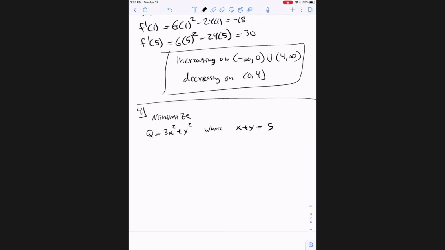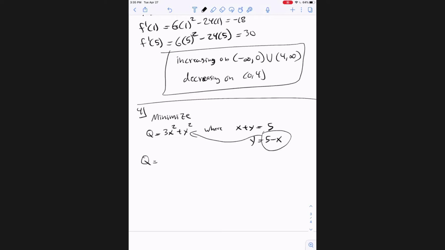All right, minimize 3x squared plus y squared, where x plus y equals 5. This is from the optimization section, but this is the easier question because you don't have a word problem. So you take your secondary equation, you can solve for x or y, but I'm going to solve for y: y equals 5 minus x. Then you plug it into your primary equation that you're trying to minimize.